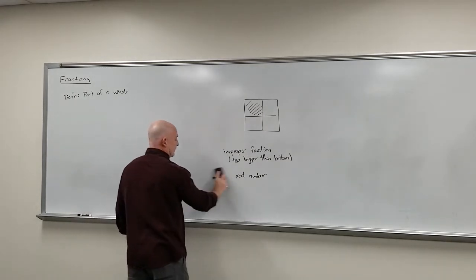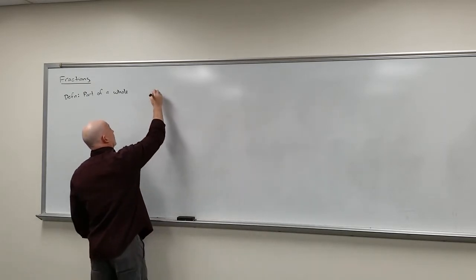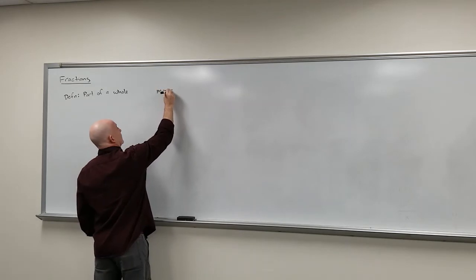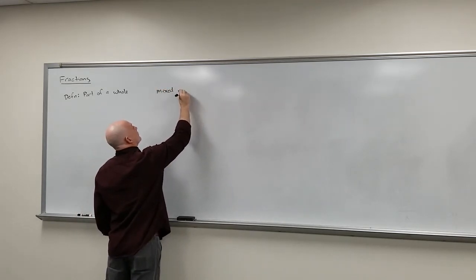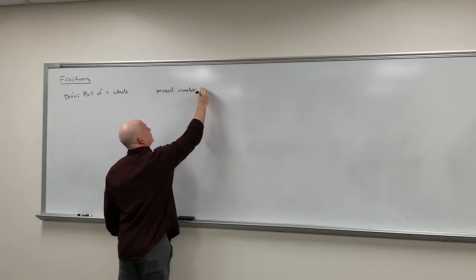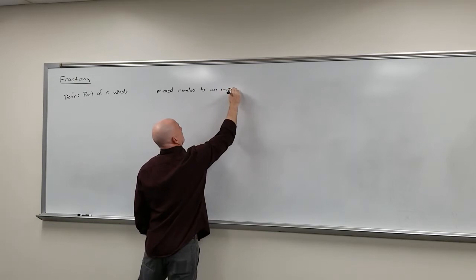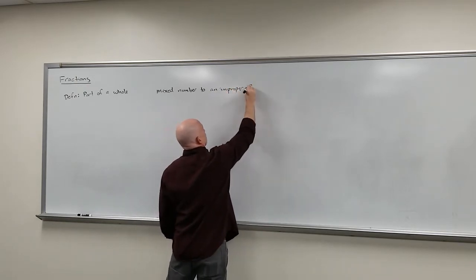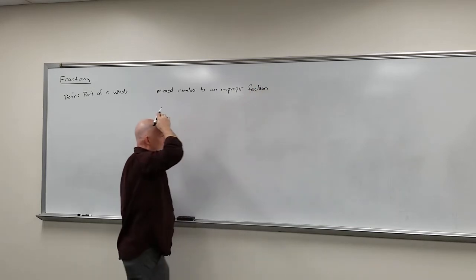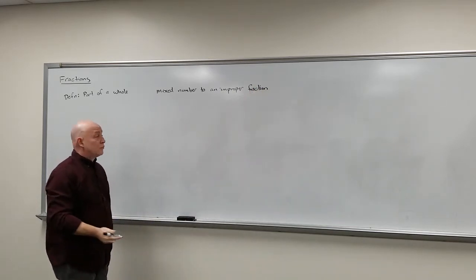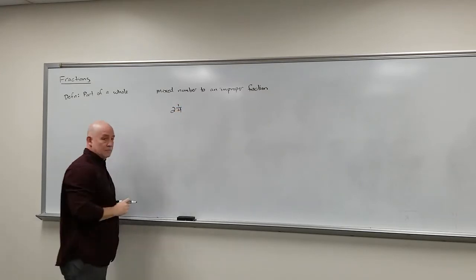Let me get all this out of here so we have some room. Let's see if we can go from a mixed number to an improper fraction. Okay, so here's what you do. Let's say we had our 2 and 1/4.